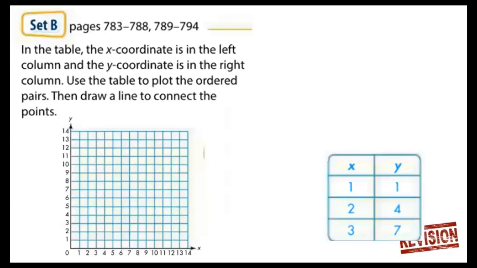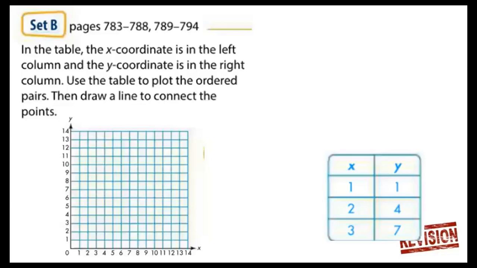It says in the table, the x coordinate is in the left column and the y coordinate is in the right column. Use the table to plot the ordered pairs, then draw a line to connect the points.